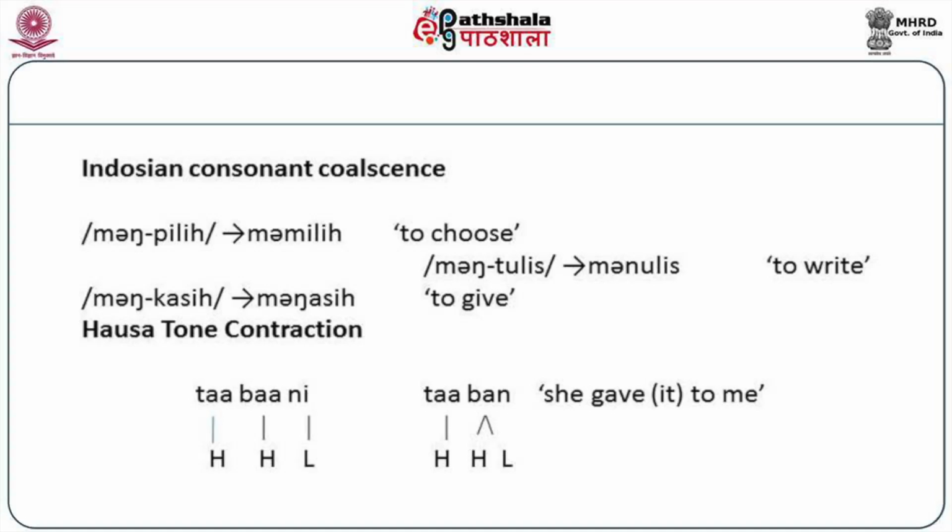As an example of coalescence of tones, we have here examples from the African language Hausa. Take a look at the representation of the words in which the tone coalescence takes place. In the first word, we have a high tone and a low tone, given on three different syllables.